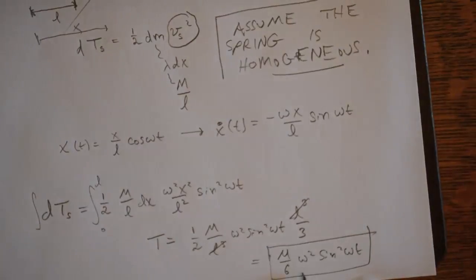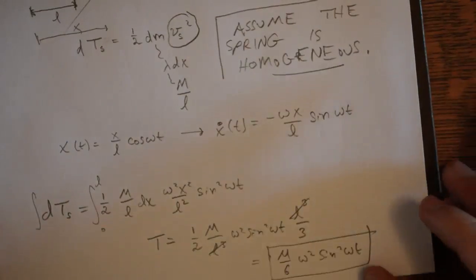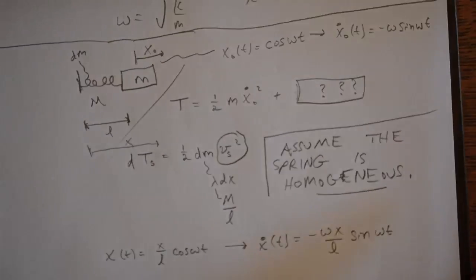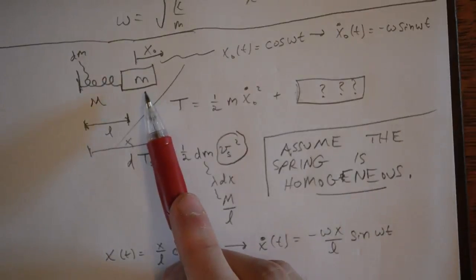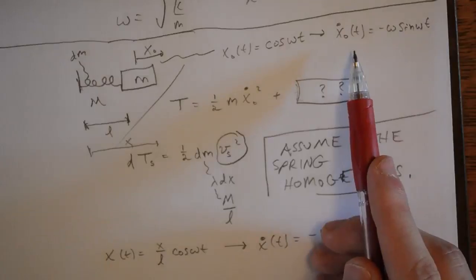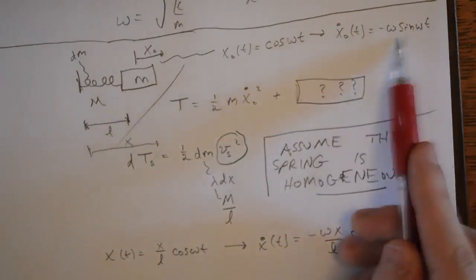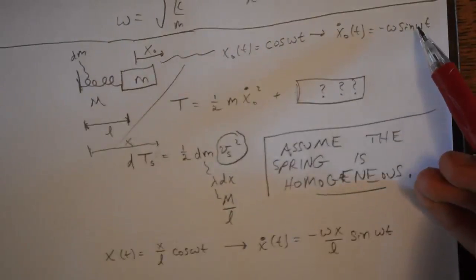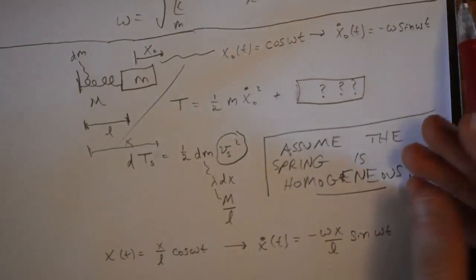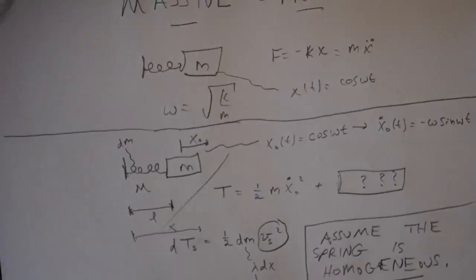Now, does this look familiar? We have omega squared sine squared omega t. But remember that when we were talking about the motion of the mass at the end, we had a velocity of that motion given by omega sine omega t. So the square of this is clearly omega squared sine squared omega t. So we can actually rewrite the kinetic energy. Now I'm going to move to a new page.